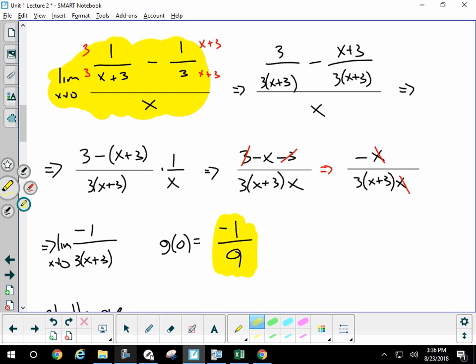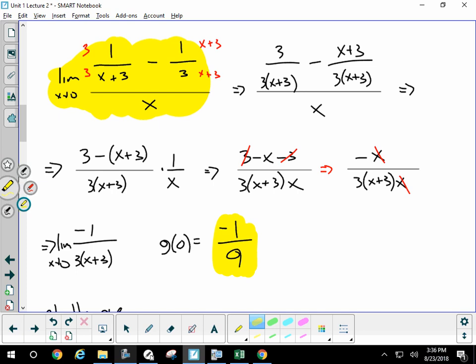Now, if you had that here, this can't cancel. Okay? This is like that mistake I showed you. We don't have multiplication up here. But I have a 3 minus a 3 up there. That's what's going to go away.